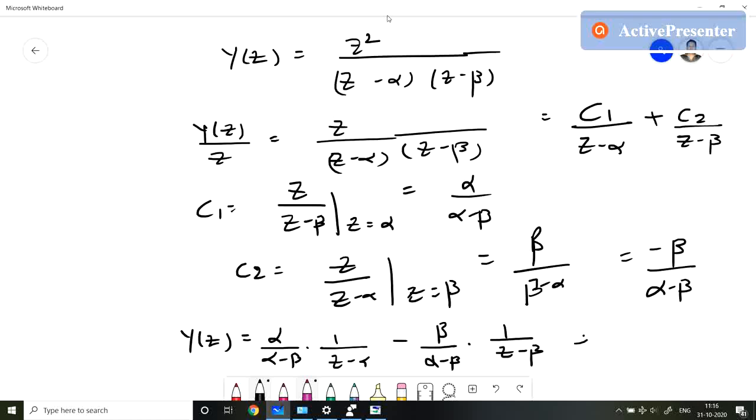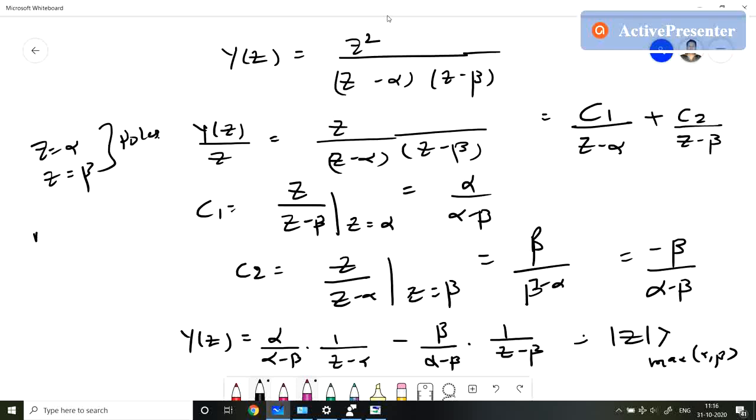The ROC is basically modulus z greater than the maximum value of alpha comma beta. Whatever is the maximum value, the ROC is greater than this. Since z equals alpha and z equals beta are poles, and since it is a causal sequence, the ROC is exterior to the outermost pole.